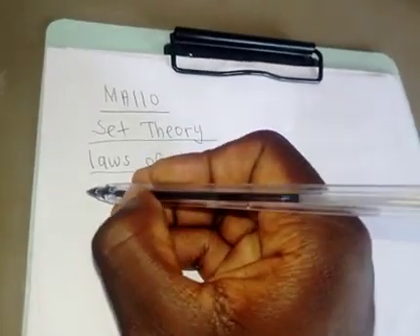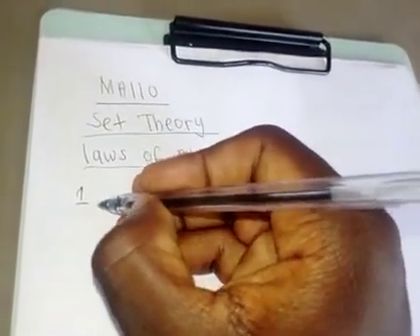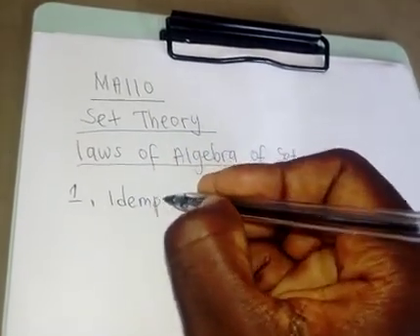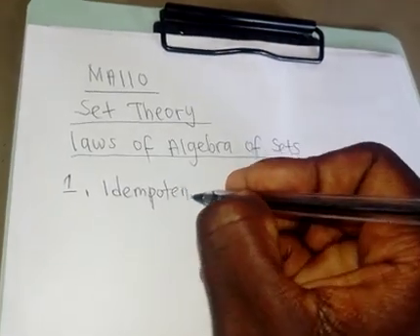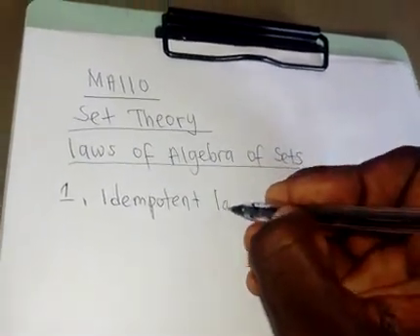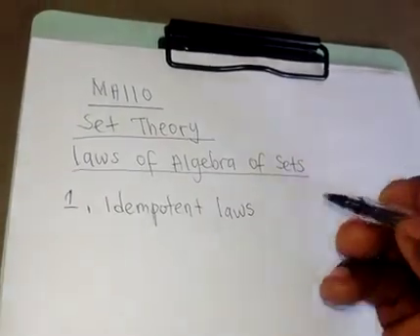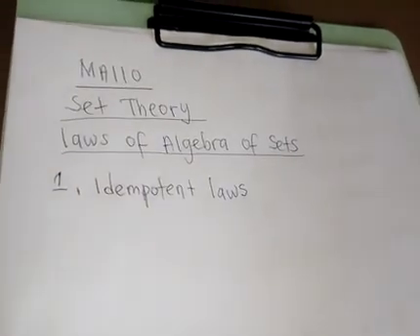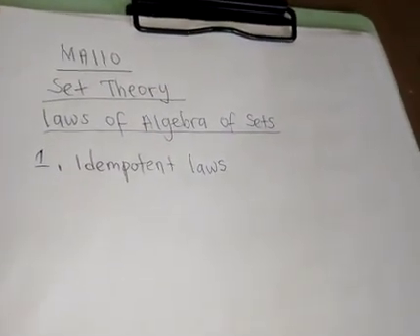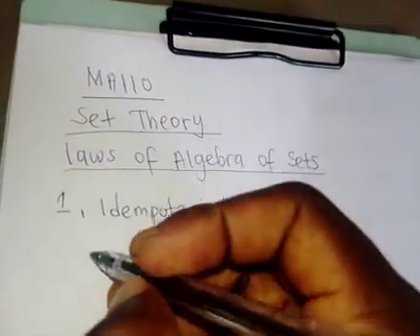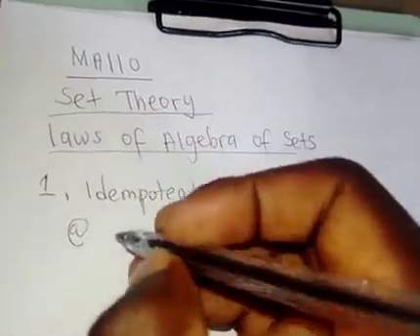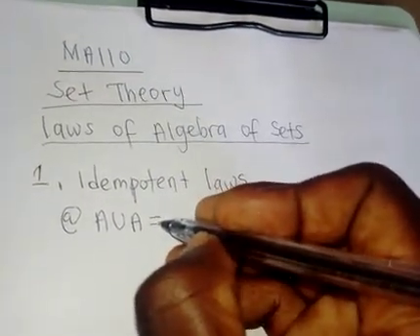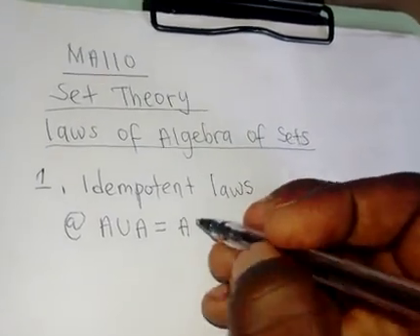And the first one which we'll talk about is the idempotent laws. For the idempotent laws, you must know that A union A is simply equal to A itself.